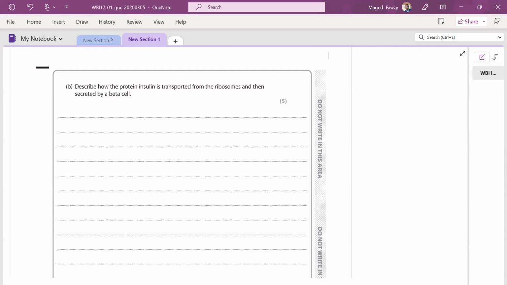هنا count together. ال 5 marks will be awarded on what? Rough endoplasmic reticulum packages الانسولين, Golgi apparatus, enters and will be modified.